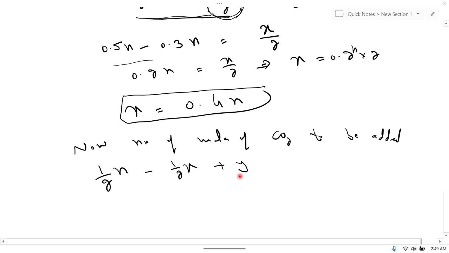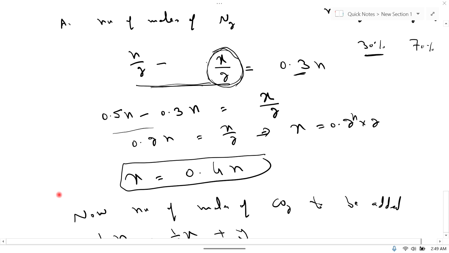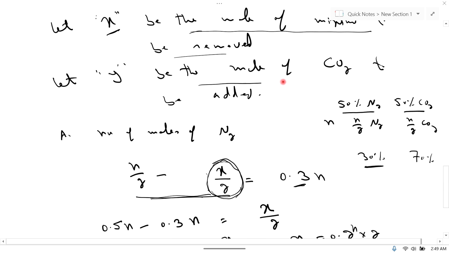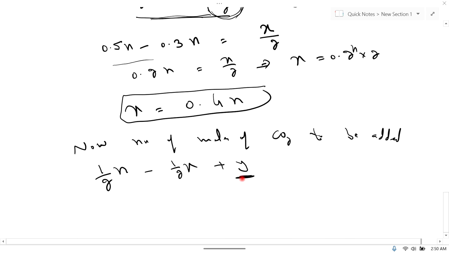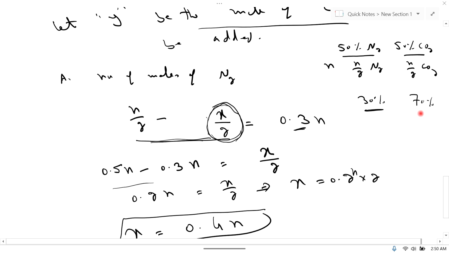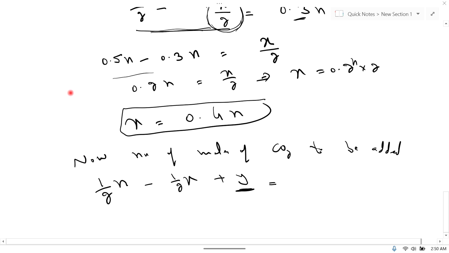After the addition of carbon dioxide, y is the number of moles of carbon dioxide. After the addition, it will be 70% of n, which is 70% of the total. So 70% means 0.7 n.